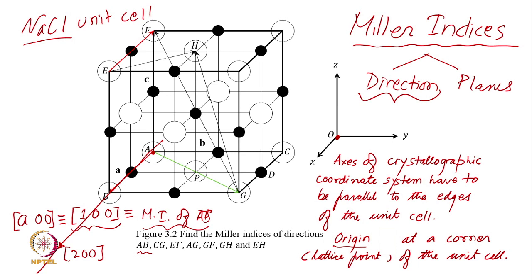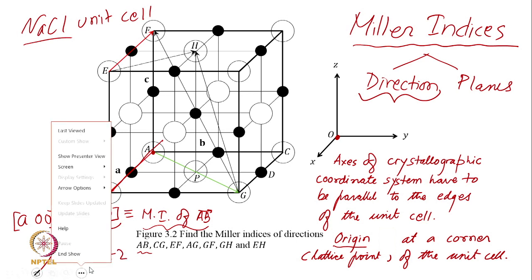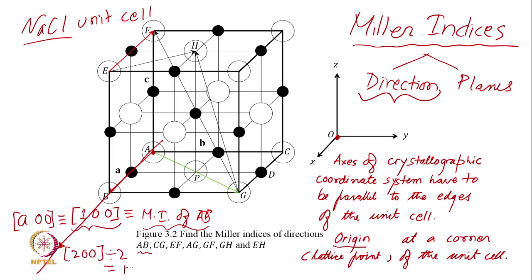So, divide by some common number to reduce it to smallest numbers. As soon as I see 2 0 0, I divide it by 2 to get 1 0 0. So, even if I had selected a longer vector, or if I had selected a shorter vector, half 0 0, then I am allowed to multiply by some common number to get 1 0 0.